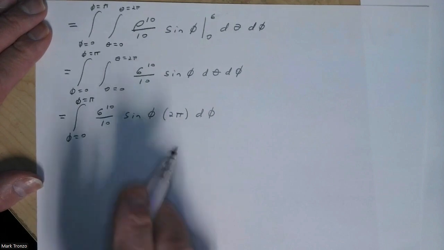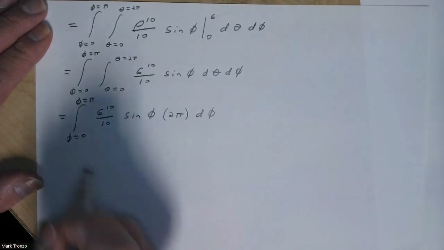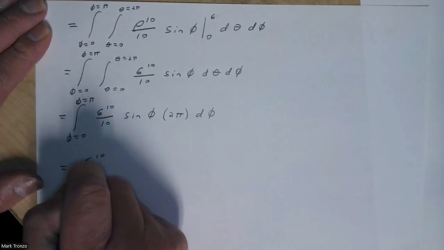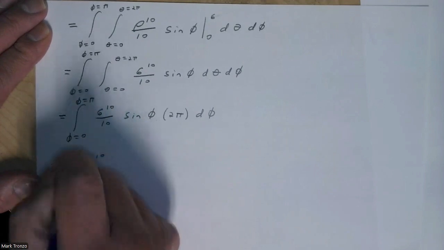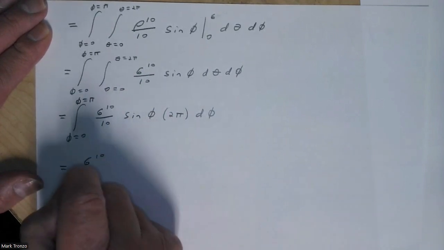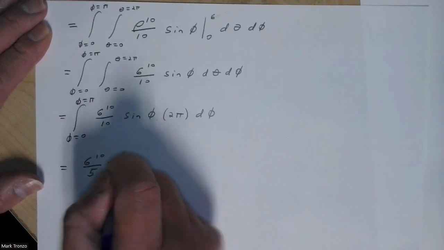And of course, if we integrate sine phi, that's going to give us what? Negative cos phi. And let me bring this 2 out front here. Actually, I'm going to cancel the 2 with the 10, so it'll give us 5. And put phi here.